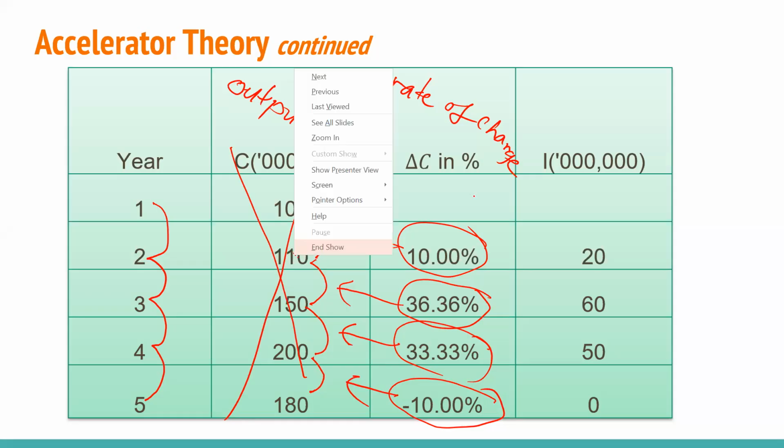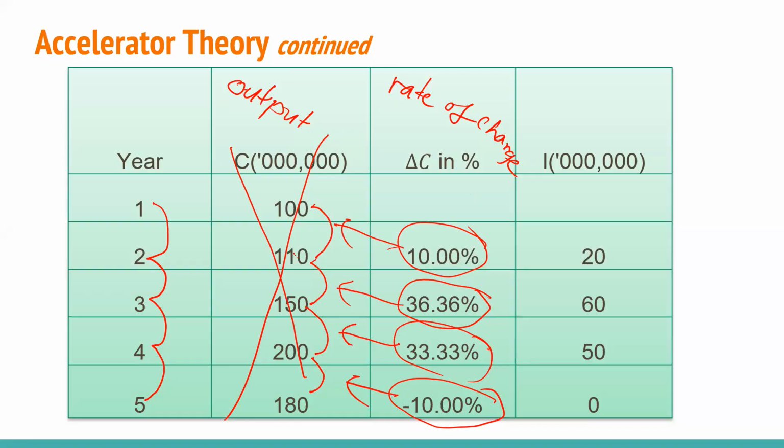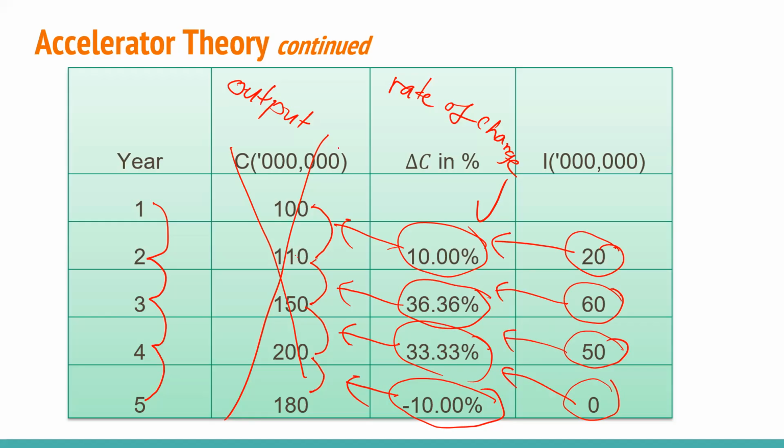So the most important column for an investor will be the rate of change in, well, they call it consumption, or they call it output, but let's just consider it as output for now, for the sake of argument. So you shall see this, and this one actually has an increase in investments, 20, 60, 50, and 0, tracking the rate of change in output rather than the output level.